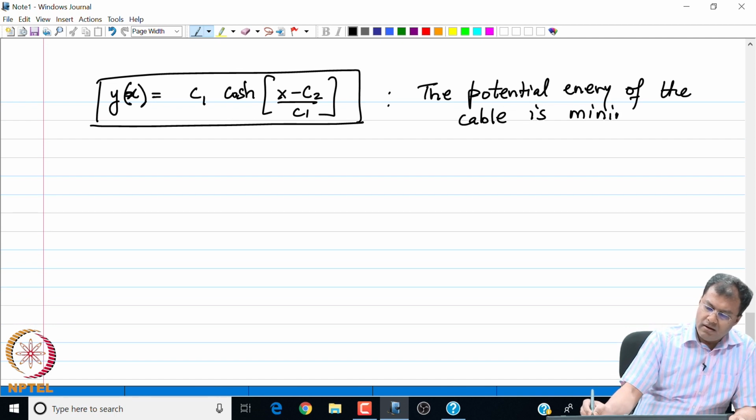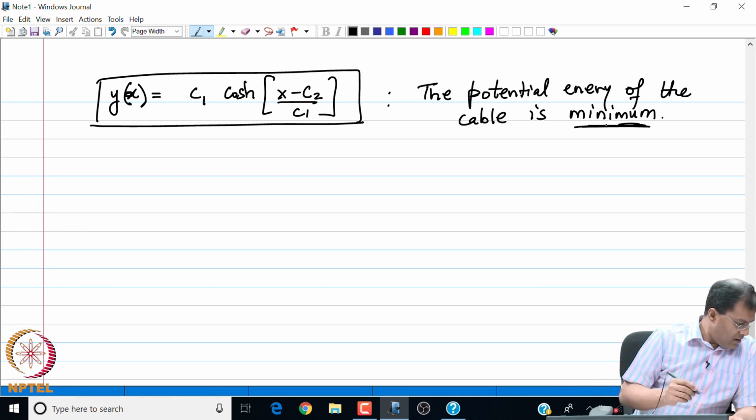Well, I am just saying minimum, we have not figured out whether it is minimum or maximum, but at least the potential energy has reached its extremum. Later on, when we talk about sufficient conditions, we will show that this extremum is indeed the minimum. So, right now let us just assume that the extremum that we have found is the minimum. Okay. So, that completes the discussion of this example.